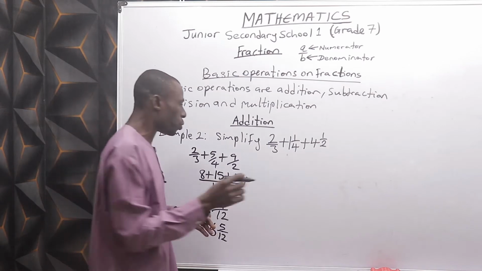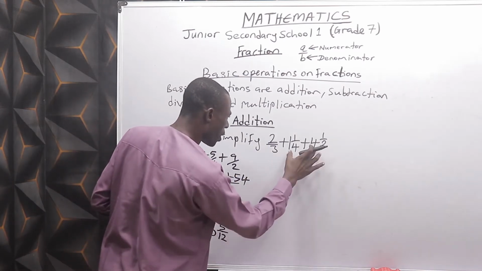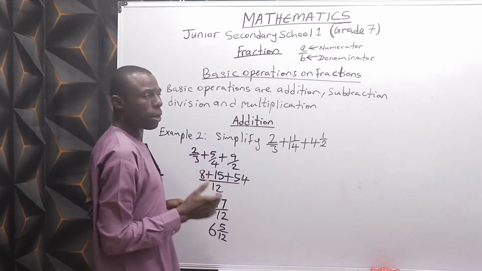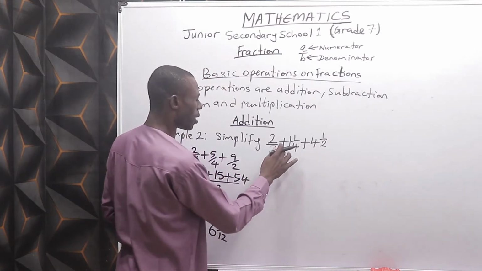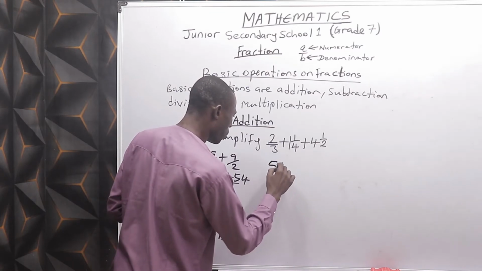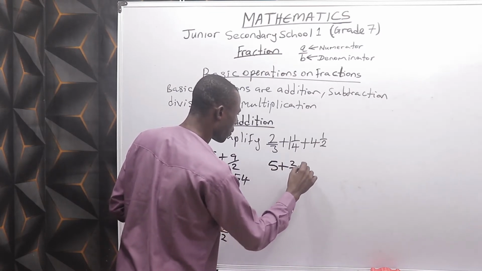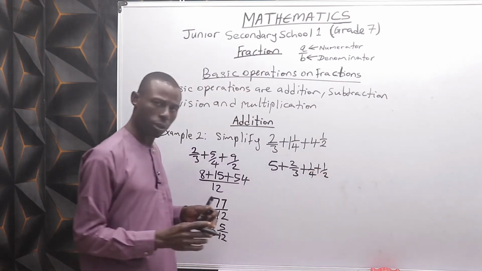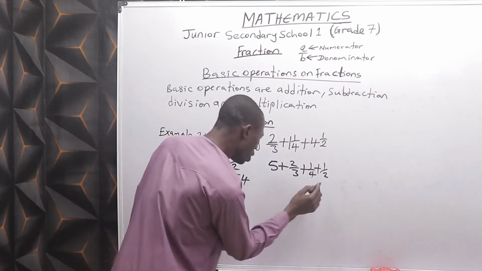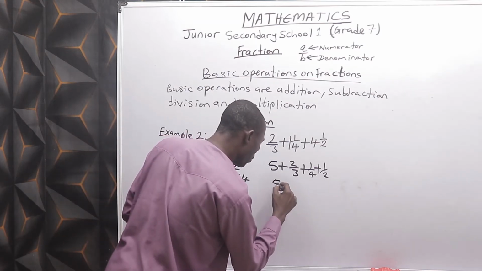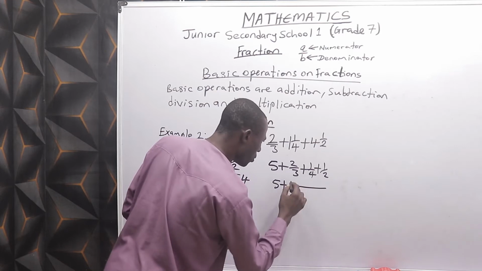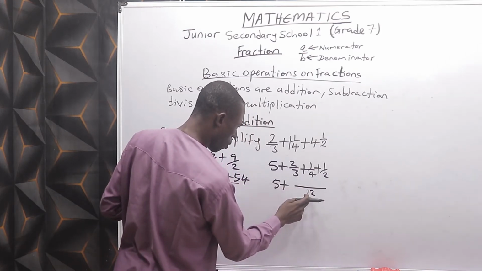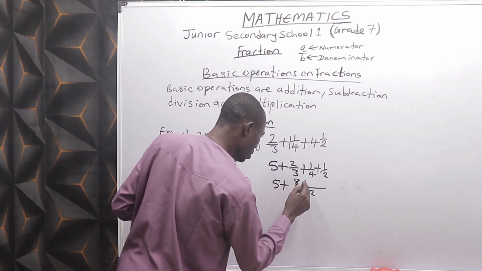The other approach is from here. You may decide to add the whole numbers. 4 plus 1, that's 5. So we have 5 plus 2 over 3 plus 1 over 4 plus 1 over 2. Do you see what I do? That's another approach. So you have 5 plus, the LCM of this is 12. 3 in 12, that's 4. 4 times 2 is 8.